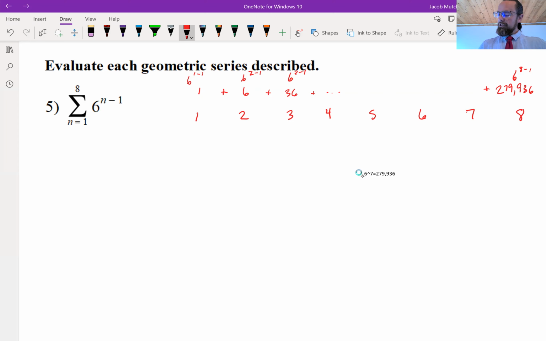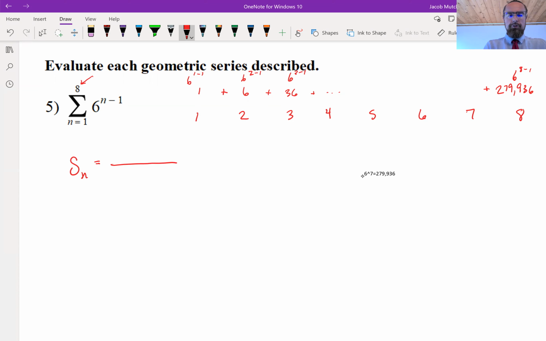So for a geometric series, the sum, if it's finite, and we do have to note that there's a difference between having 8 terms versus infinite terms. And you'll know it's finite if the number at the top of the sigma notation is actually a number instead of the infinity symbol. So our sum formula is going to be S sub n is equal to this fraction.